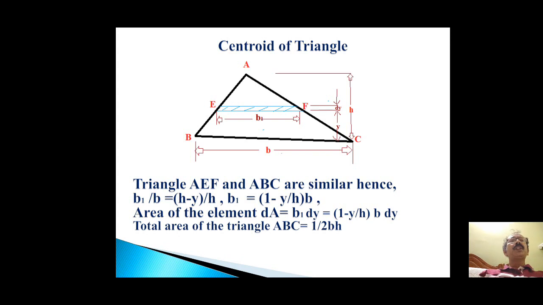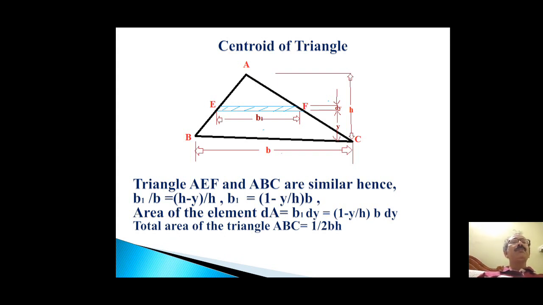First of all we have to calculate the value of b1. From the two similar triangles, ABC and AEF, b1 is nothing but (1 minus y by h) into b. So the area of the element dA can easily be calculated.